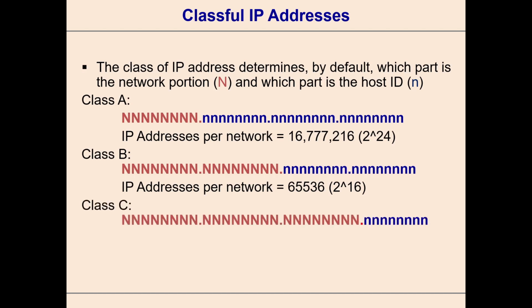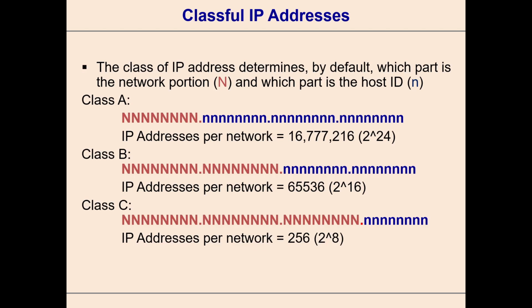Class C is the smallest network. It uses 3 octets as the network ID and only 1 octet for the host portion. So each Class C network provides 256 IP addresses. That's the class-based IP address design.